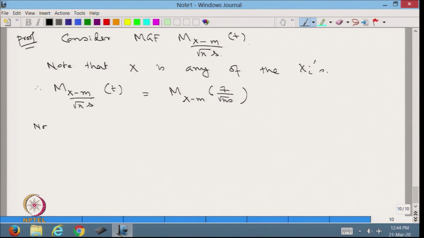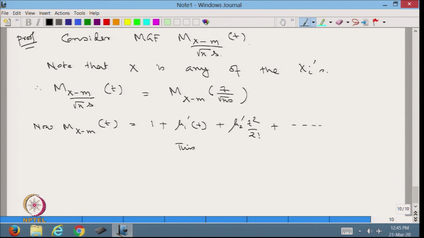Now, M x minus m at t is equal to 1 plus mu 1 prime t plus mu 2 prime t square upon factorial 2 plus the expansion.